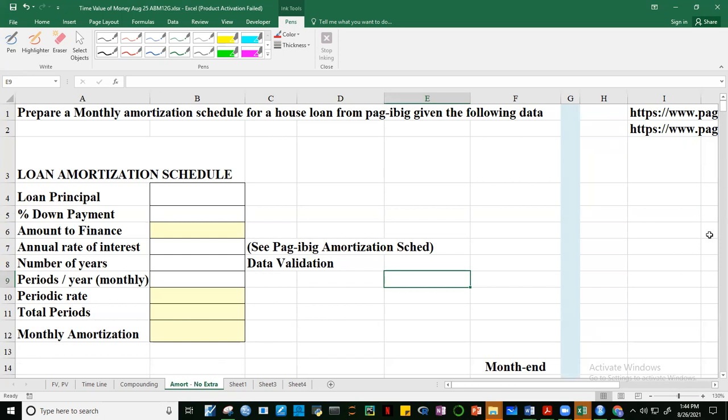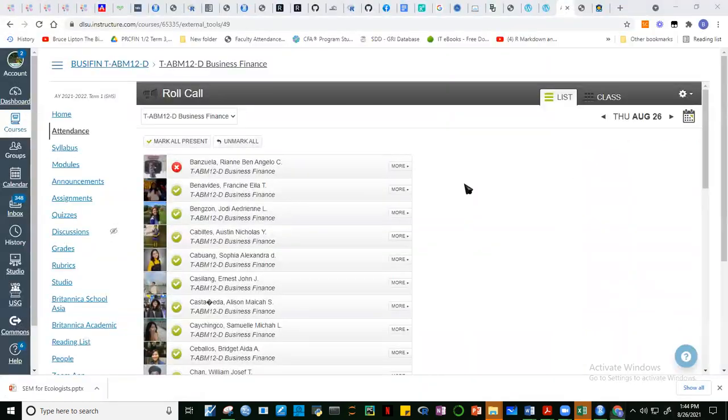For amortization, I'm going to share with you two Pag-IBIG URLs. Let me share this sa chat natin. I'll give you a few seconds, guys, to open this and then navigate through this.